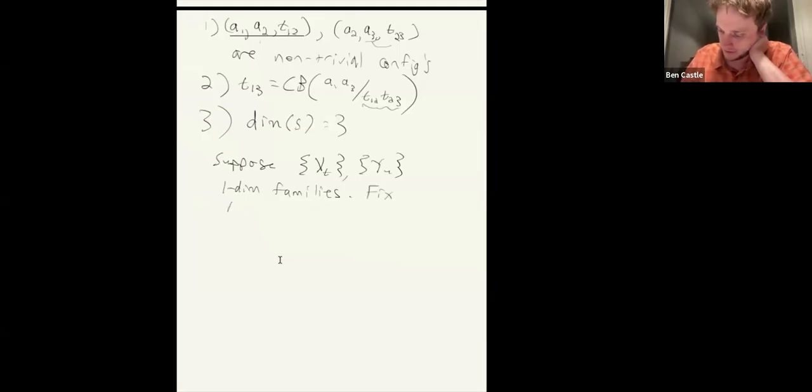We fix some t and u as generic as possible. So we'll fix T and U generic, where they're independent from each other. In other words, (T, U) is a generic pair, not just individually generic. It's a generic pair.